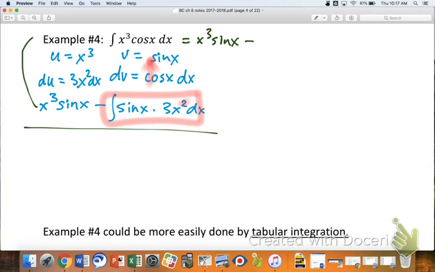I'm just transferring it up there because I know that's part of my answer. But now I have some more work to do on this other part. Make sense? Okay. So now I'm going to reset my u and my dv. So now u would be 3x squared, and dv would be sine of x dx.